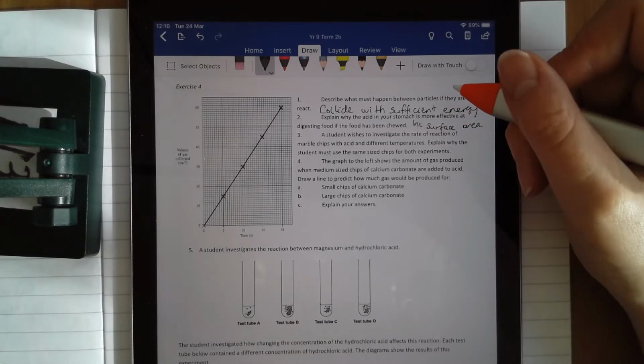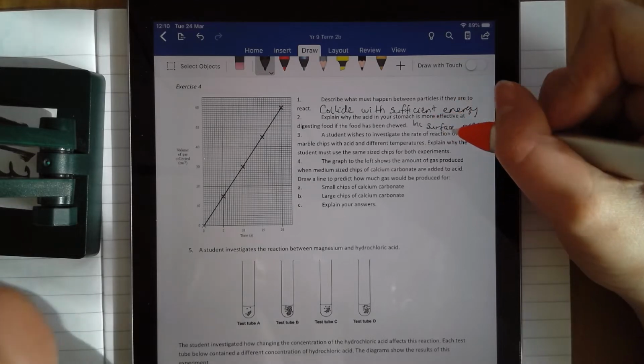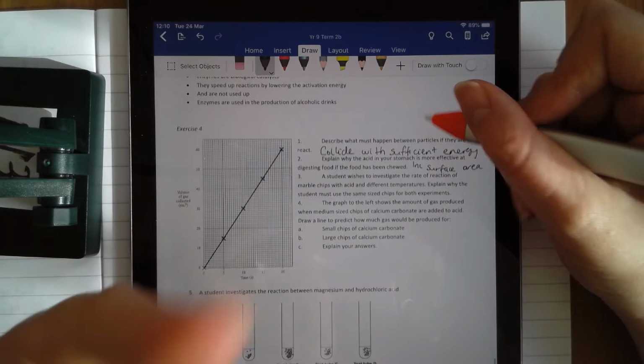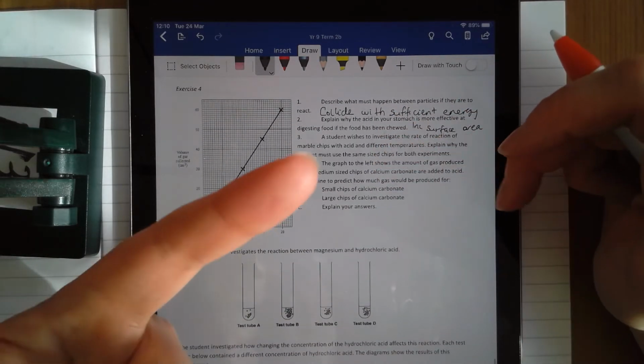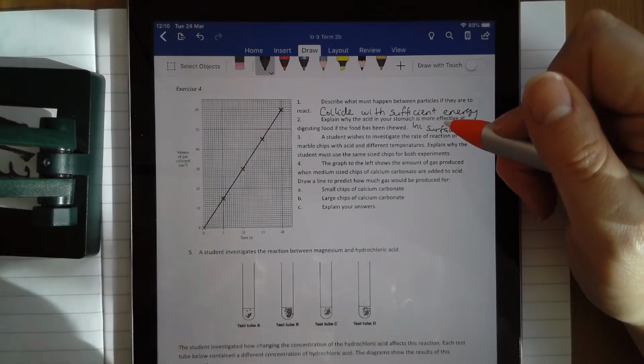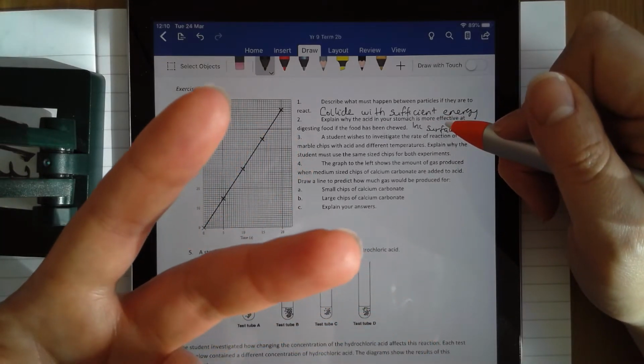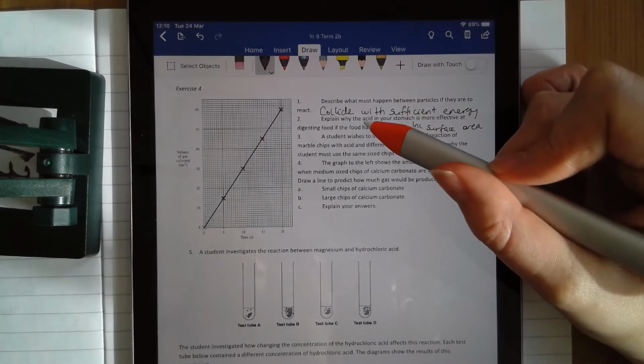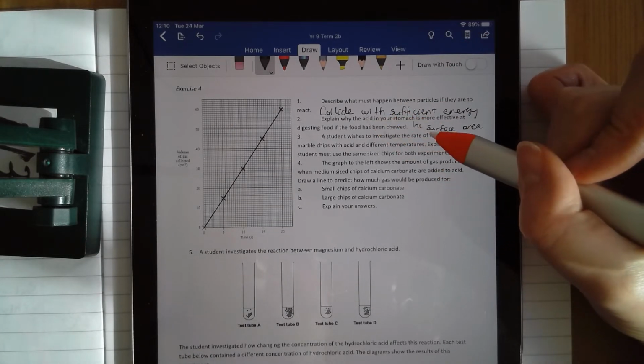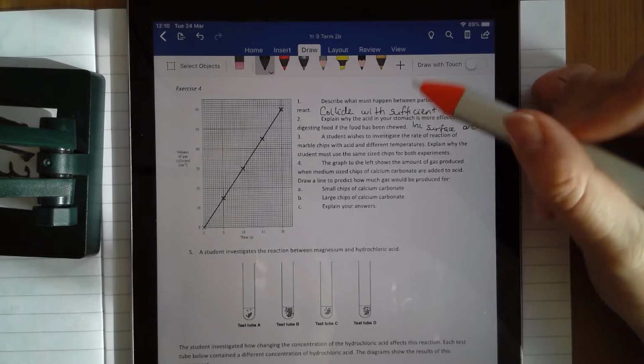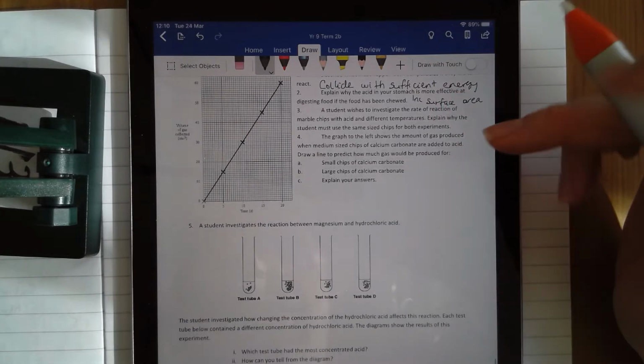So that will be a 3-mark question. 1 mark for increased surface area after chewing your food. 2nd mark for increasing the frequency of collisions. Your 3rd mark for saying you're increasing the rate. Remember, it is a chemical reaction that's taking place between the acid in your stomach and the food that you've eaten. So the same rules apply as if you're doing a normal reaction in the lab.